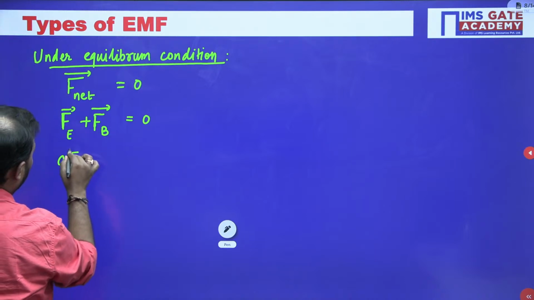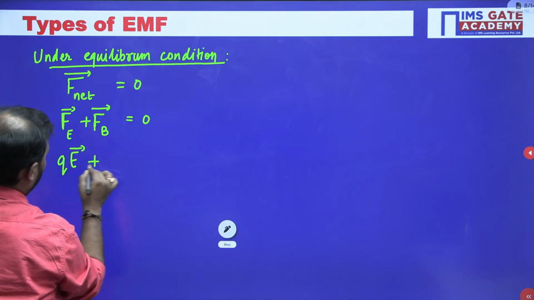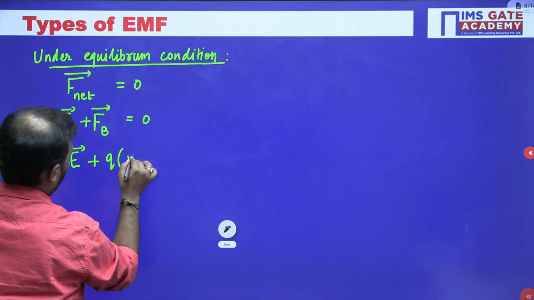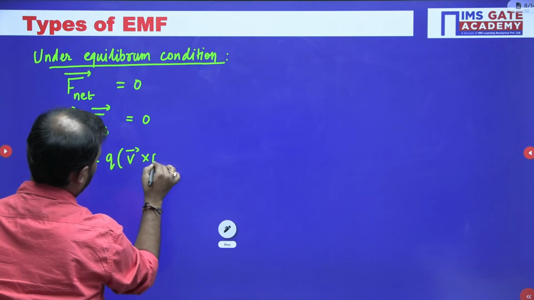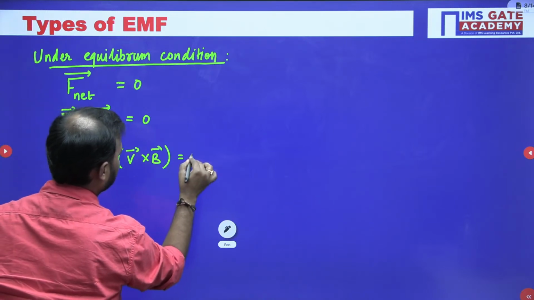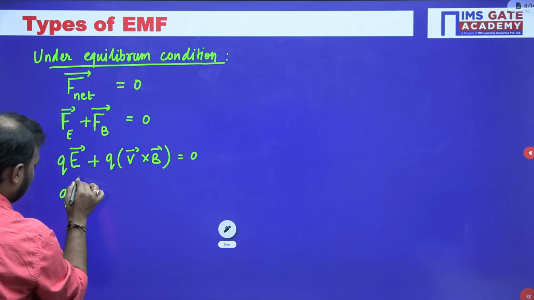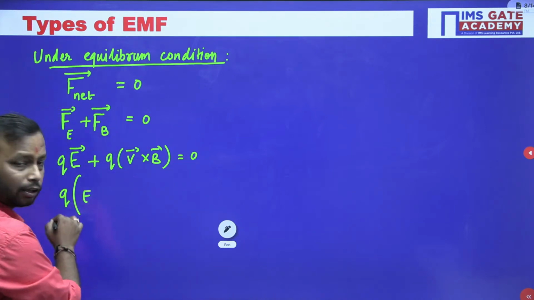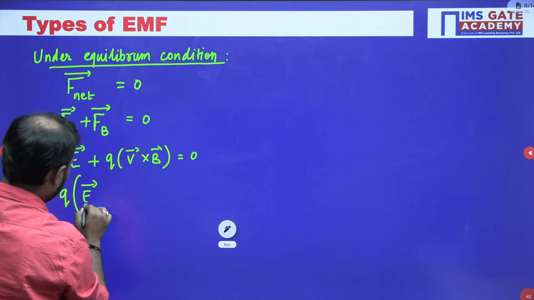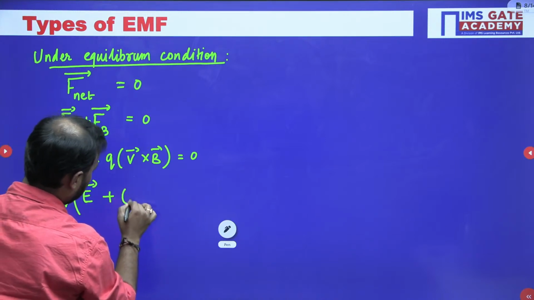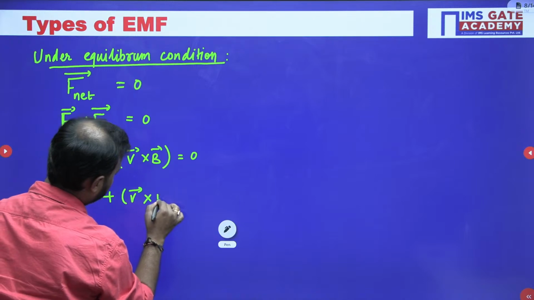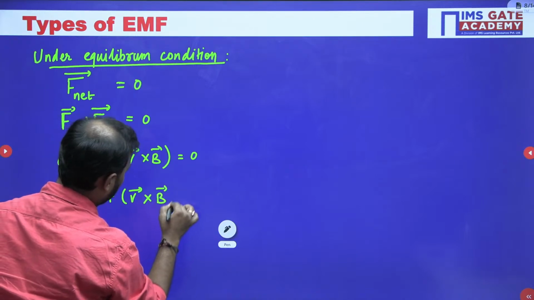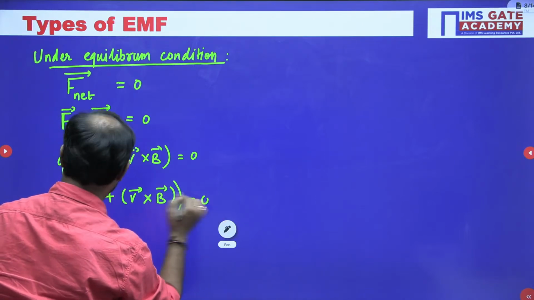Q E plus Q V cross B, this will be 0. So see, can I write like this? Taking Q common, it will be E plus V cross B, and this will be 0.